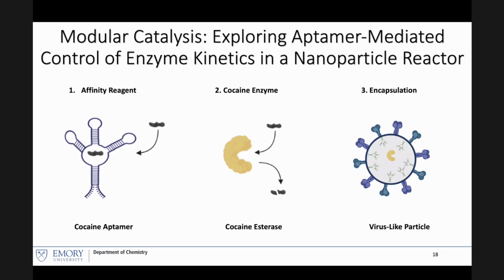Let's see. Is there an advantage to using a virus-like particle as opposed to something like a reverse micelle? Great question. I'm not familiar with reverse micelles. If you can briefly give me a quick overview. The ones I'm familiar with, you would have an organic solvent, and then you have water, and you use some kind of surfactant.